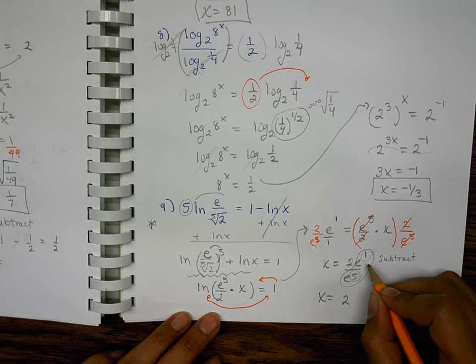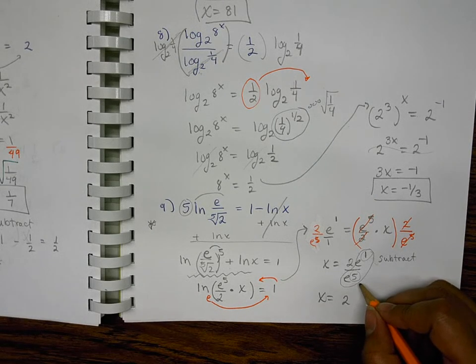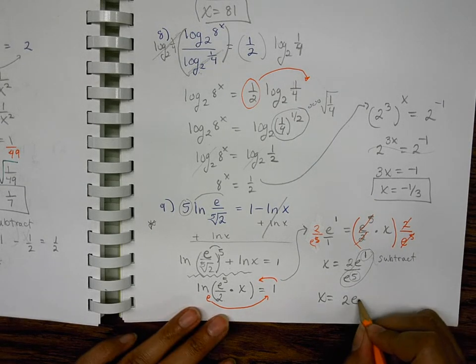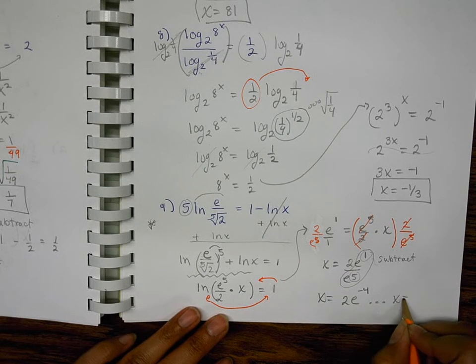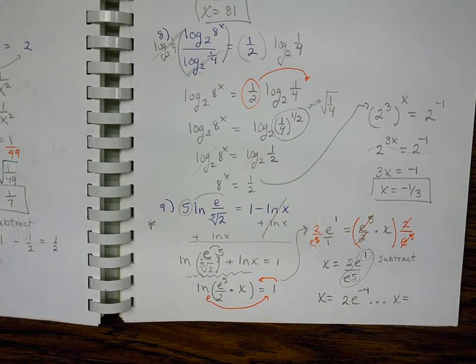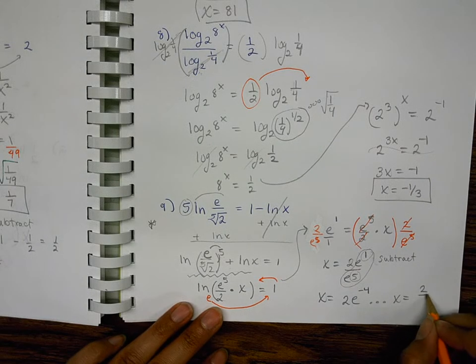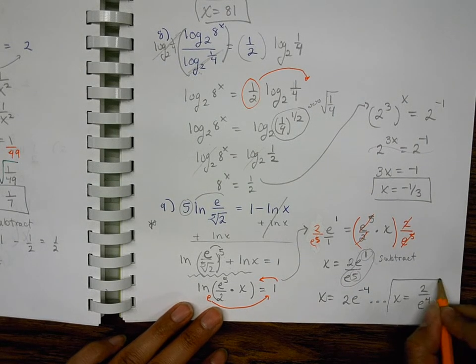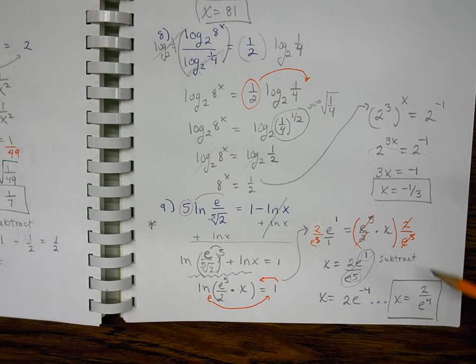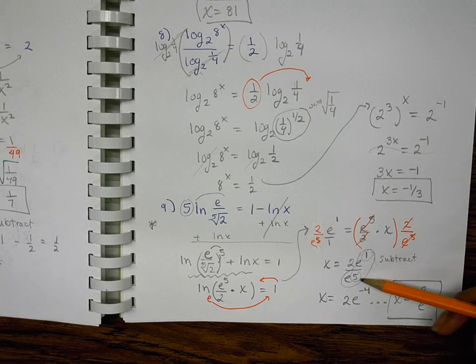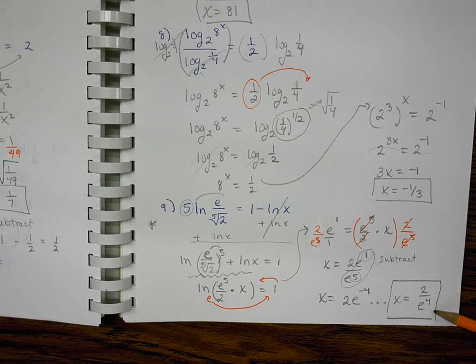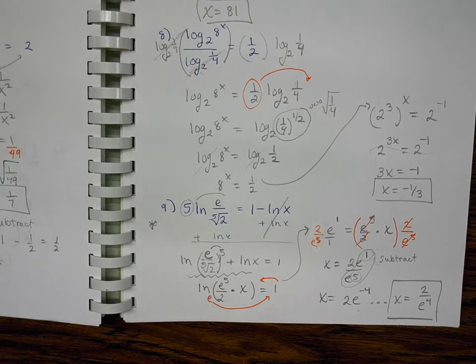So x equals 2 to the 1 minus 5 is negative, and I don't want to write my answer like this, so how do I write it? What happens to the e to the 4th? It moves to the denominator. Or you can just say, hey, when I subtract, 5 minus 1 is 4, and there's more at the bottom, so it stays at the bottom, which is how I do it, but if you do it this way, that's perfectly fine as well.